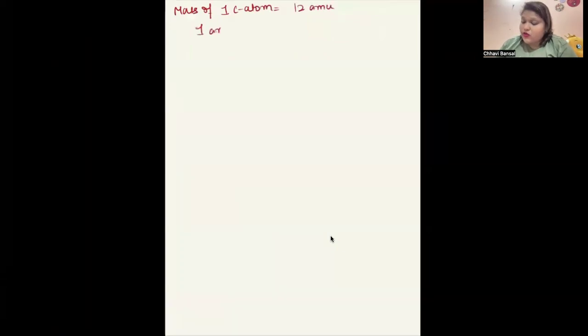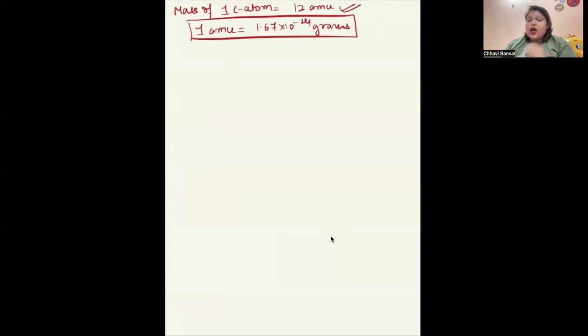Where 1 AMU is equal to 1.67 into 10 raised to minus 24 grams, right? This is what is called the mass of one carbon atom, or mass number if we remove the AMU part and write just 12. Okay, is it clear so far?